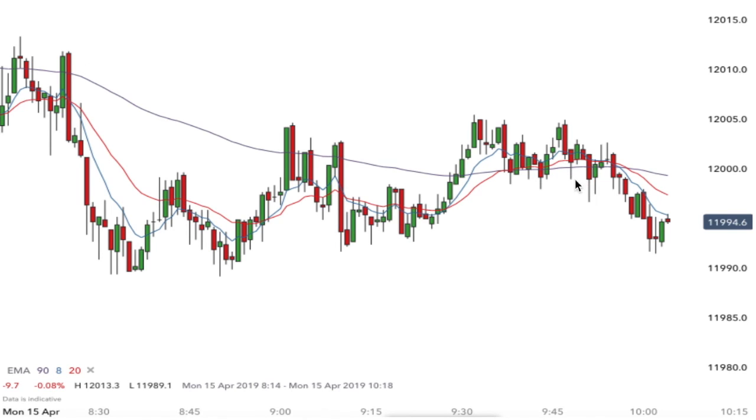Entry came below the middle, which was here. So entry came on this bar here, and let me just put those lines on for you. So entry just there, and stop just there. Nearly took out the stop again, and the market has made target here.